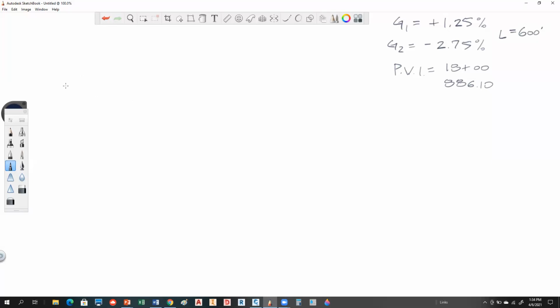So I'm going to draw a real quick picture because I'm going to assume that I'm going from left to right in this picture. So from left to right, we got a positive percent grade, and then it's coming down negatively. So our parabola exists somewhere between there. So I've got a parabola coming up here. This is going to be my EVC.